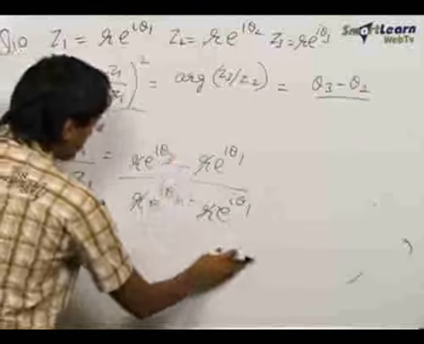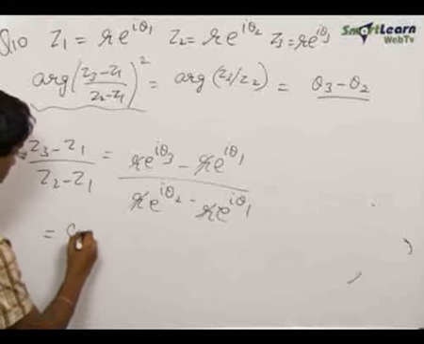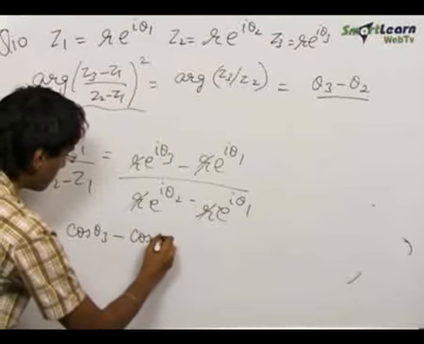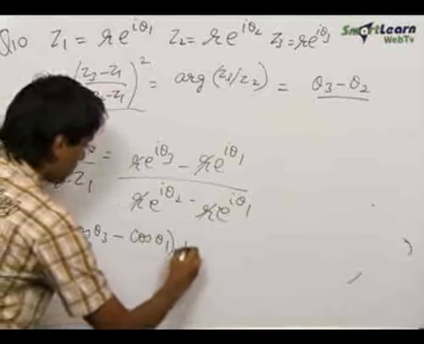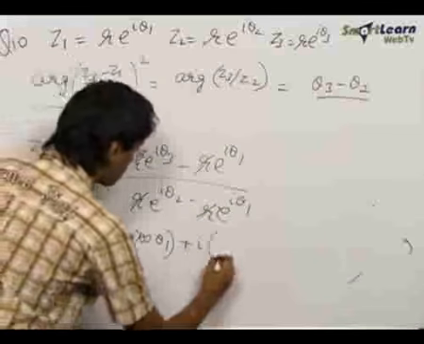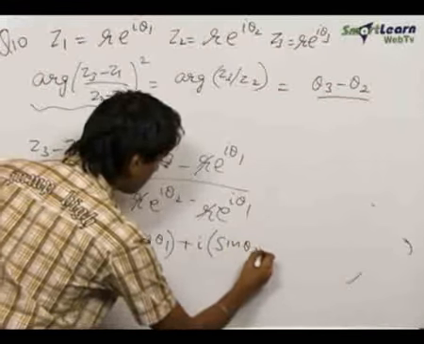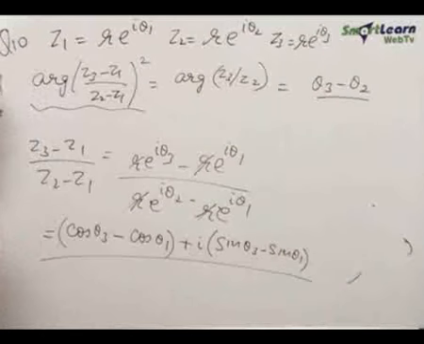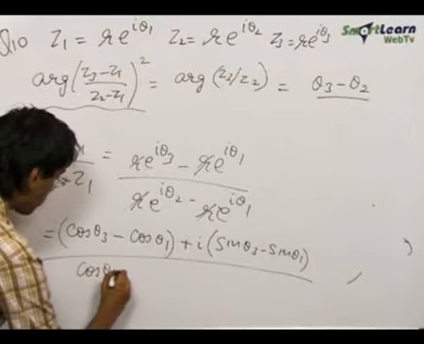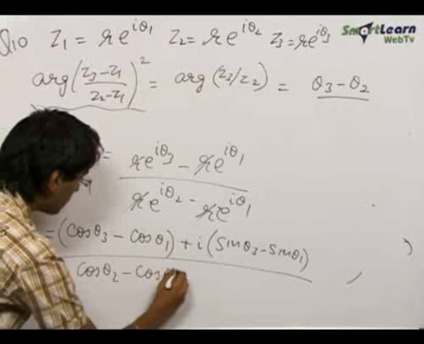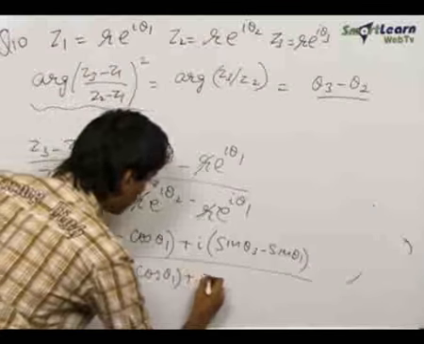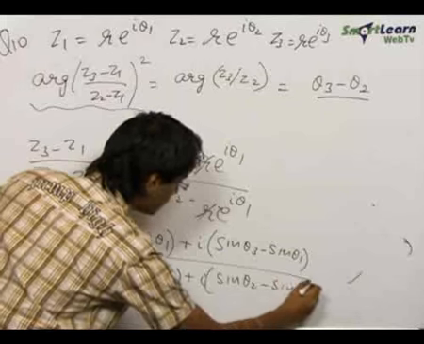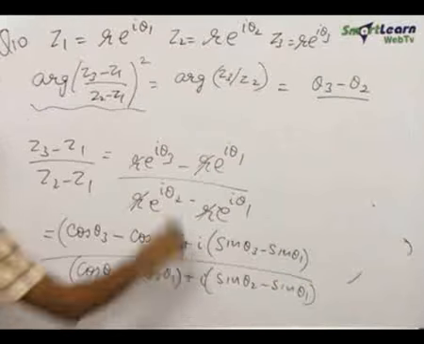Writing these e powers in cos and sin terms, we get (cos θ3 − cos θ1) plus i times (sin θ3 − sin θ1) upon (cos θ2 − cos θ1) plus i times (sin θ2 − sin θ1).